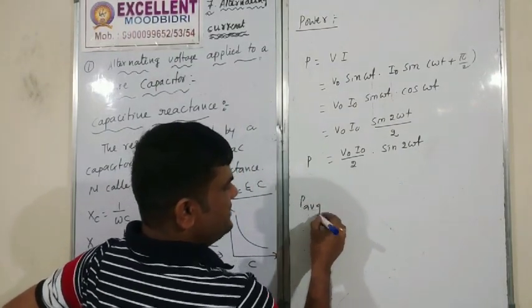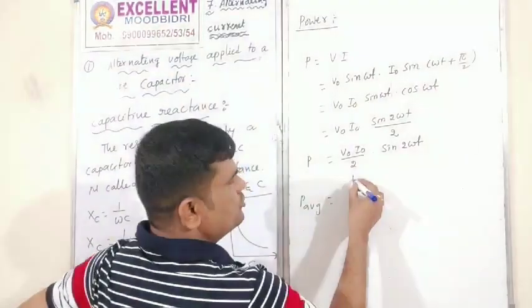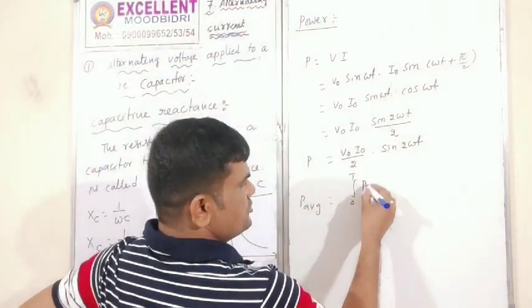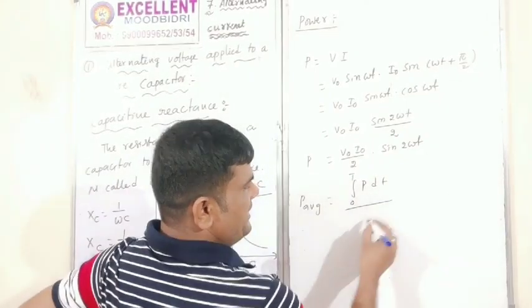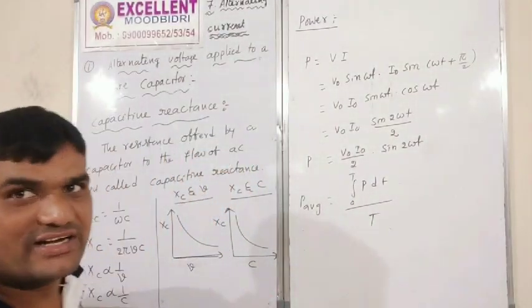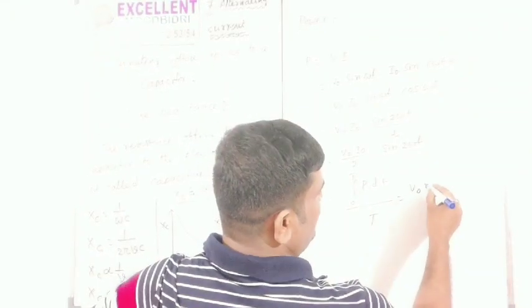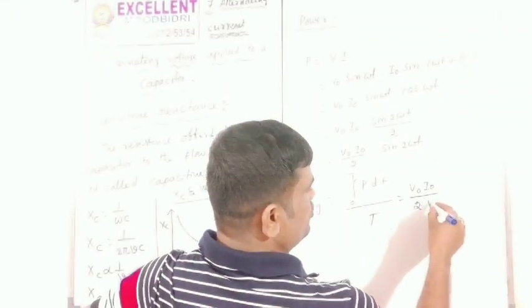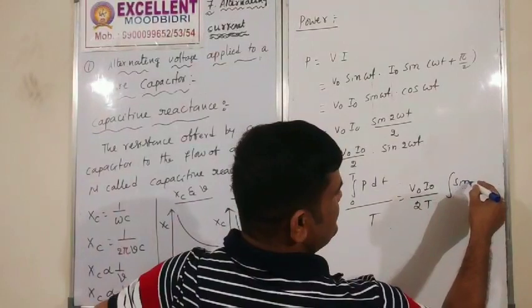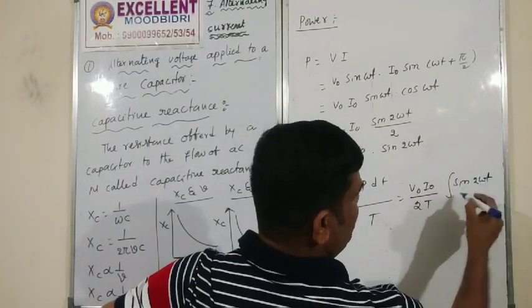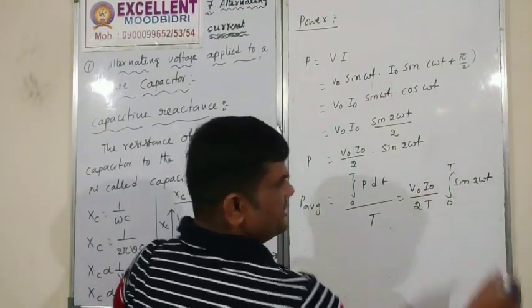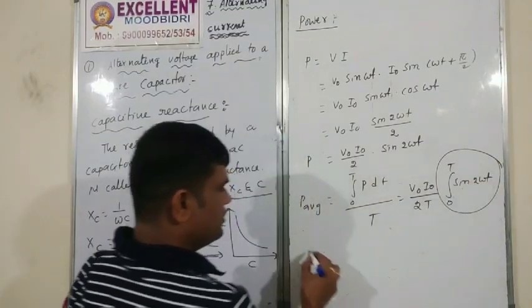Then the average power, P average, is the integral from 0 to t of P dt divided by t. So this is V naught I naught by 2t times the integral of sin 2 omega t from 0 to t. This value is equal to 0.